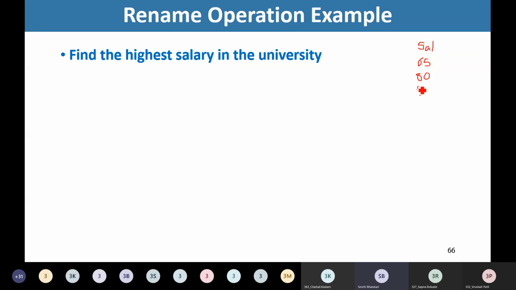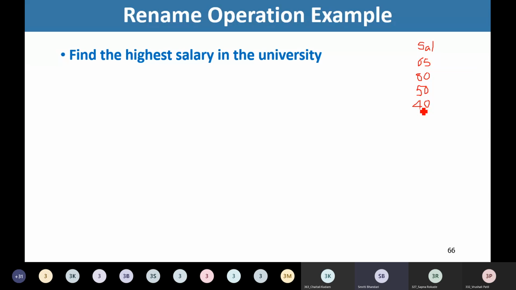Third instructor, say salary is 50,000. Then the fourth instructor, say salary is 40,000, and so on. If these are the salaries, then what we want is to find out the highest salary out of these salaries.